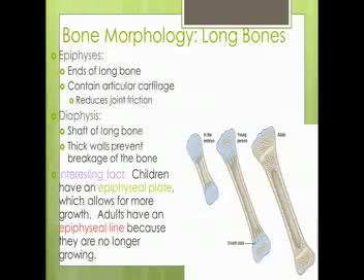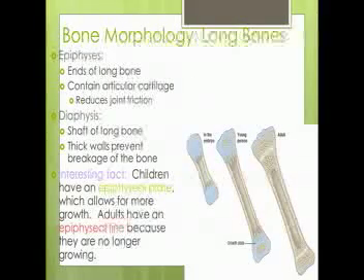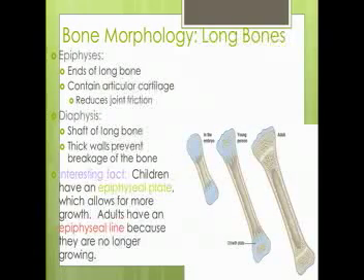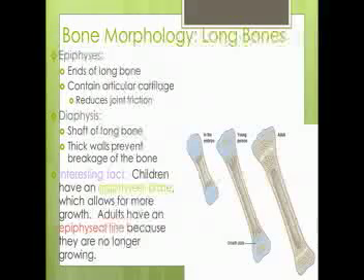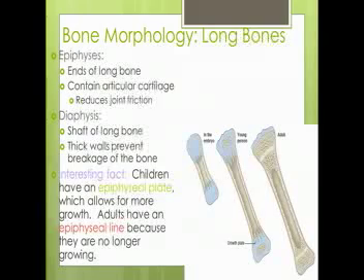At the ends of these epiphyseal regions are articular cartilage. That articular cartilage articulates, meaning it connects to another bone. That articular cartilage reduces friction when those bones are rubbing together. So we see this a lot of the time in joints. Think of the knee, think of the elbow, so forth.